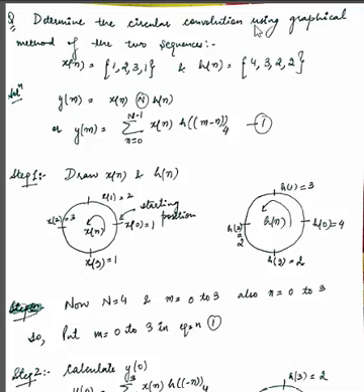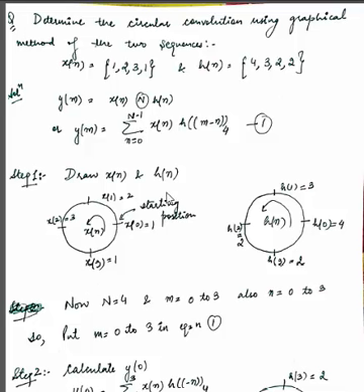Now to find the circular convolution using the graphical method, first we have to draw these two sequences in circular form. So the first step is to draw x of n and h of n. We have also studied circular symmetry of a sequence and graphical representation of a sequence, in which the sequence is plotted in circular form in the anti-clockwise direction.